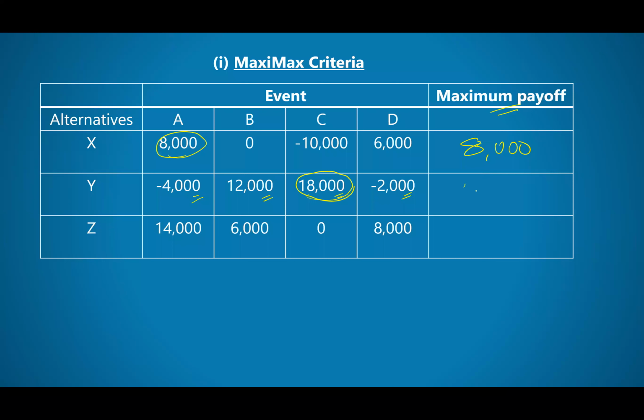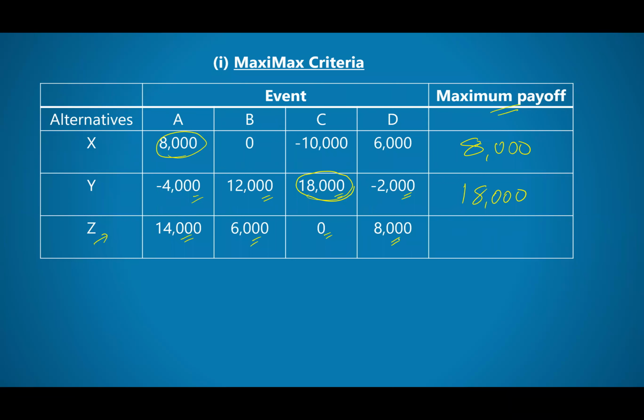Then for alternative Z, under event A, you get 14,000. If it is event B, you get 6,000. C, you get a 0. D, you get 8,000.